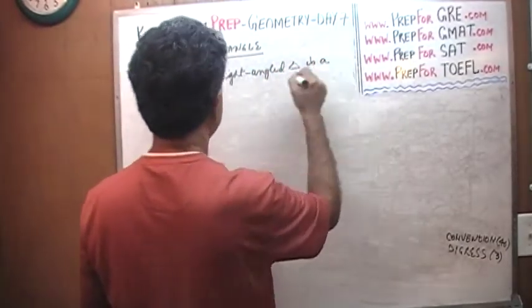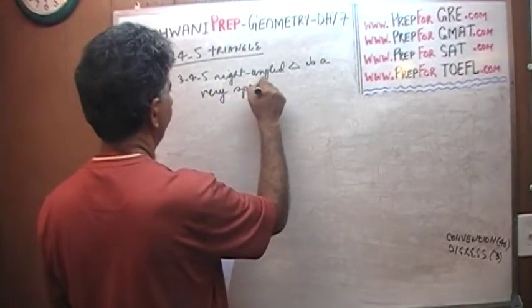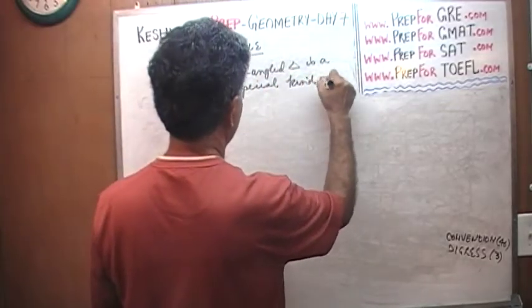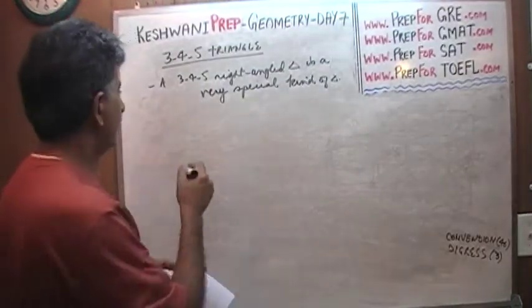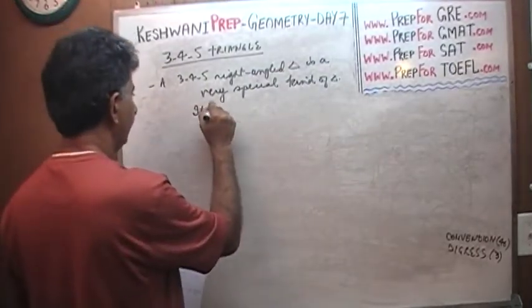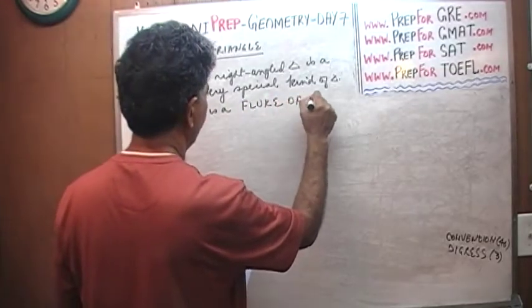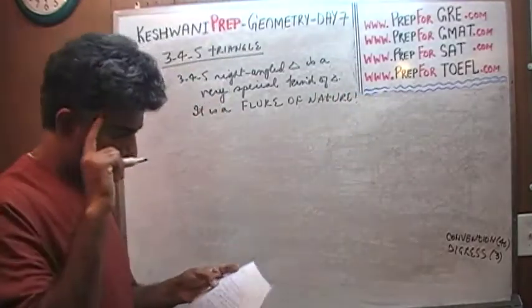a very special kind of triangle. Why is it a very special kind of triangle? Because it is a fluke of nature, and I'll explain that in a second why.